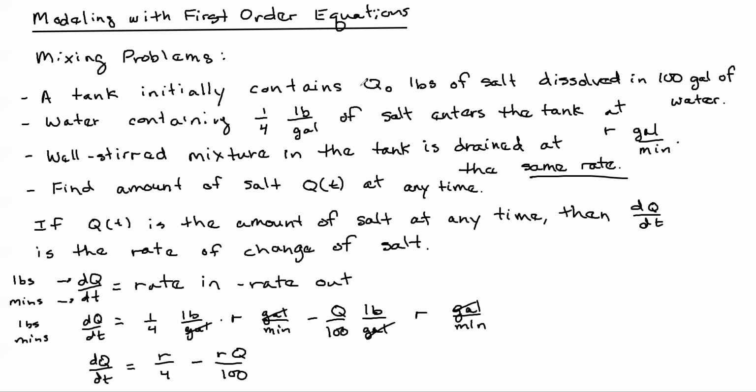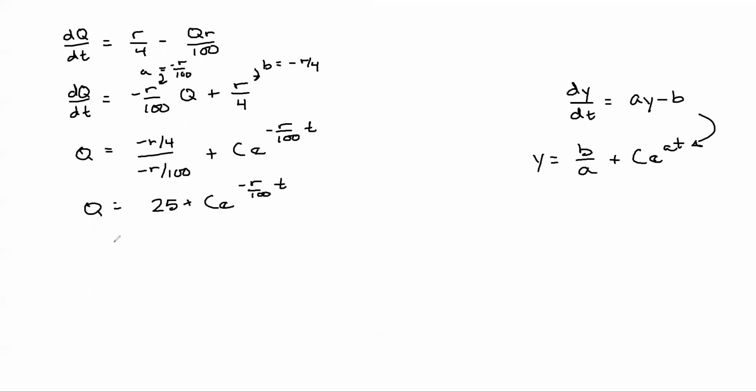So what this is saying is that if Q of t is the amount of salt at any time, then Q of 0 would be the initial amount. That would equal Q naught. So we can use that fact to solve for C. If you take Q of 0 and plug it in here, we're going to get 25 plus C times e to the 0, which is just 1.